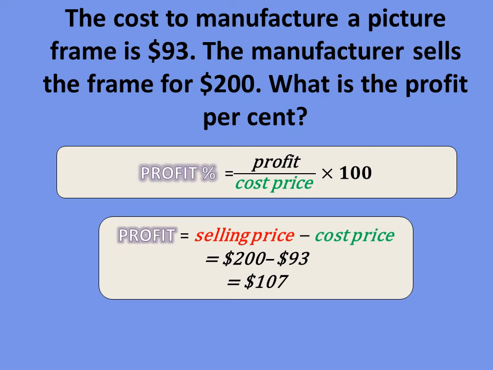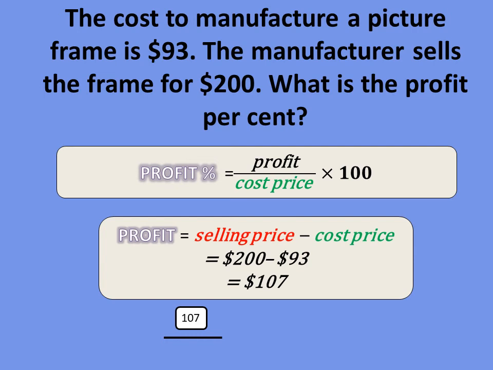$107. So therefore, we know what the profit is, so we're going to replace the word profit for the value, which is $107. So we write 107. Then we're going to write our division sign just as we see it in the formula. Very good.